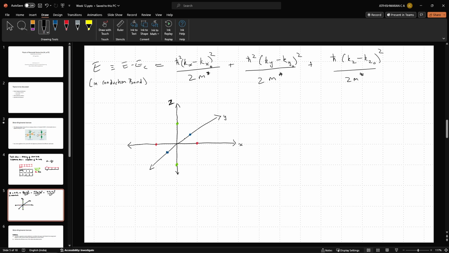So I will have one ellipsoid over here. I'm not drawing the solid ellipsoid, I'm just shading an outline. So we have one ellipsoid over here, then we have another over here. And similarly, we'll have another one over here.